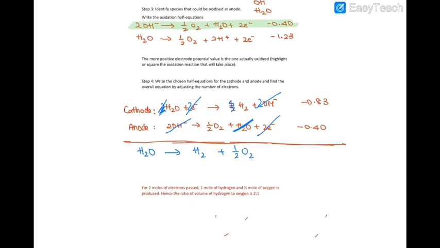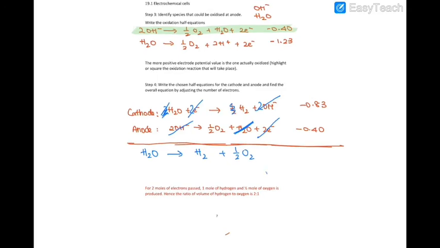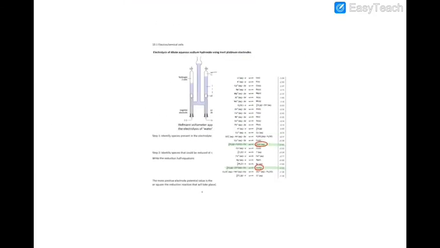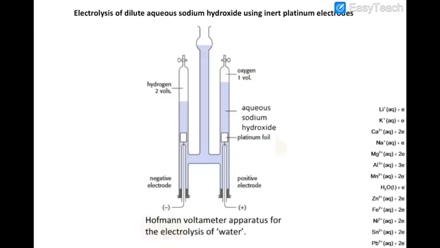And from this, I find that the ratio of hydrogen to oxygen is 2:1. So for each mole of oxygen, there are 2 moles of hydrogen. So the volume ratio is 2:1. This is what is observed when we do the electrolysis.